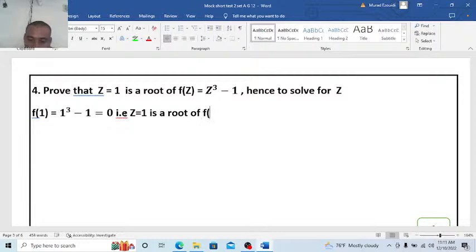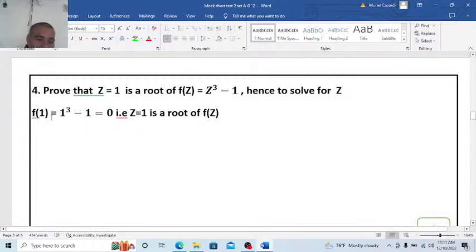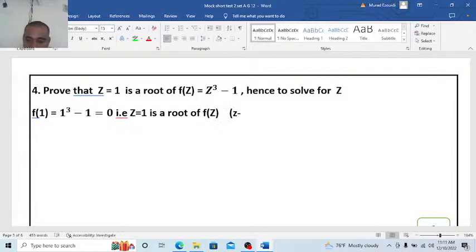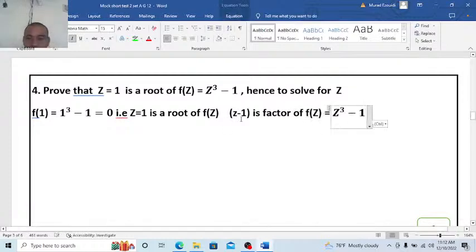Okay, f of z, clear? What did we use? We used the remainder theorem. The remainder is 0, therefore, as the remainder is 0, z minus 1 is a linear factor, is a factor of f of z, which is z cubed minus 1.